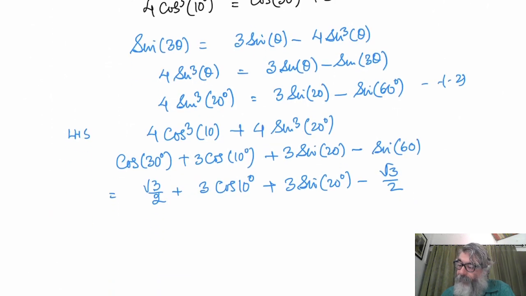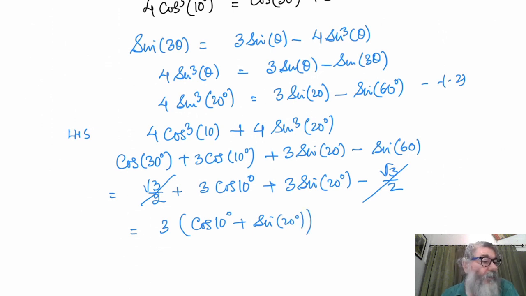So they will cancel, one is plus, the other is minus, and when you take 3 common, we are left with cos 10 degree plus sine 20 degree, which is your right hand side. So this completes this part of the problem.